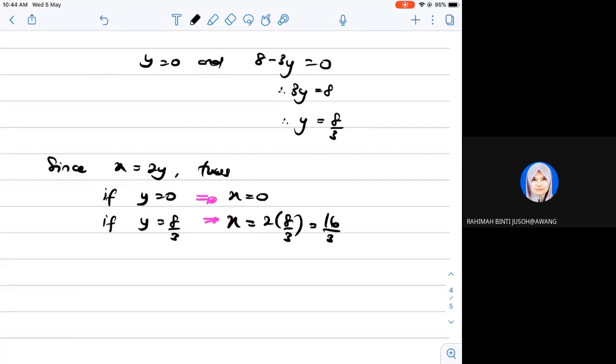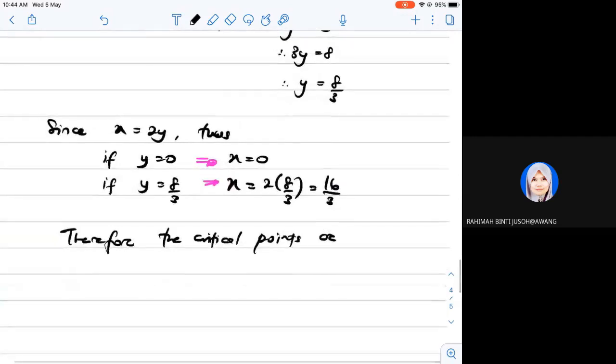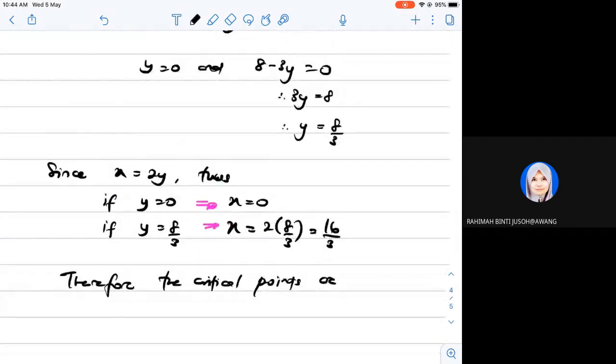So, the critical points are we have 0, 0. Oh, tapi kita kena test dulu. Sekejap saya tulis dulu. 0, 0 and 16 over 3, 8 over 3, isn't it?